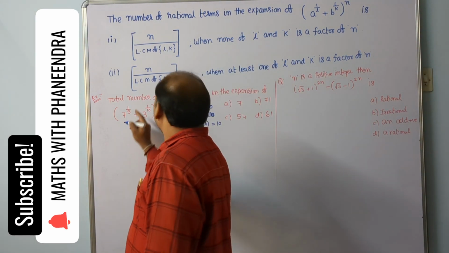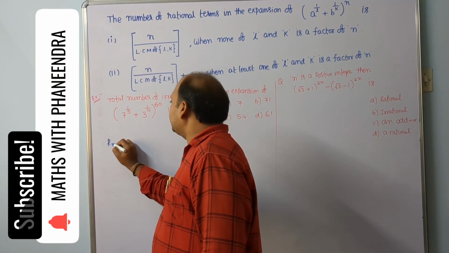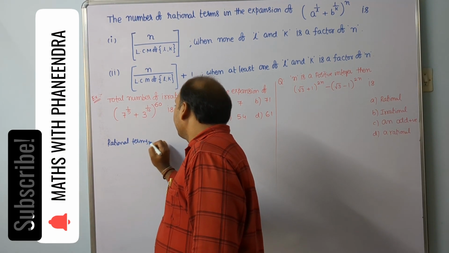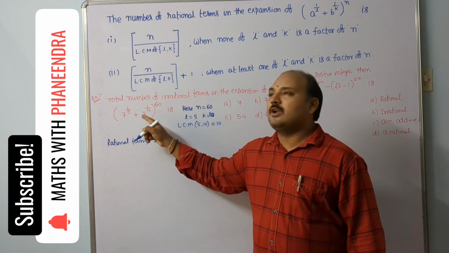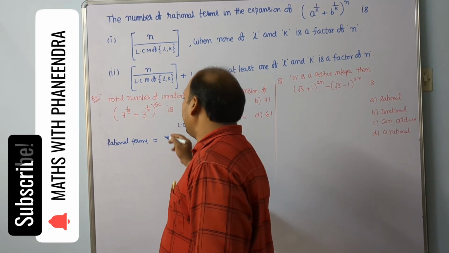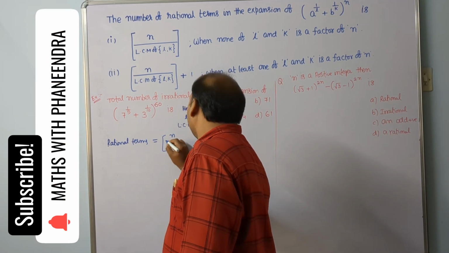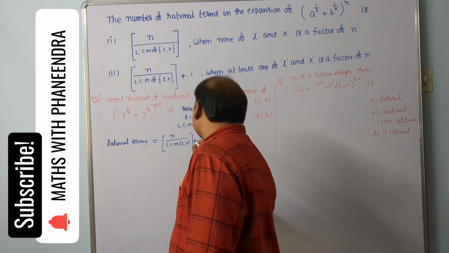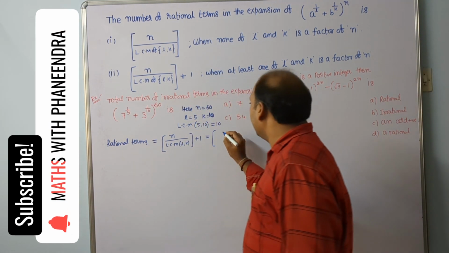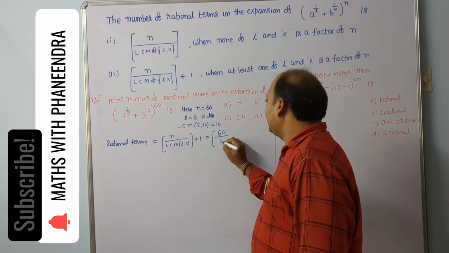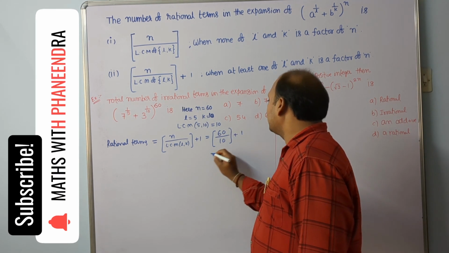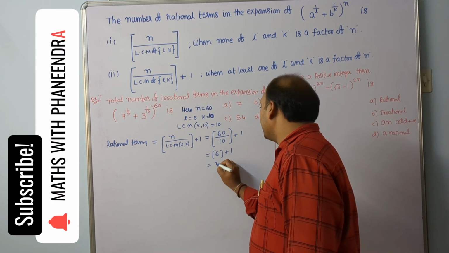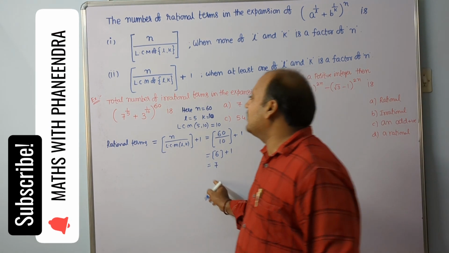Next, the number of irrational terms. Before that, I want the rational terms. 5 is a multiple, 10 is also a multiple, that means a factor of 60. So we can write the formula n by LCM of L, K plus 1, dear students. So n is 60 by LCM 10 plus 1. So step of 6 plus 1, which is equal to 7. These are rational terms.